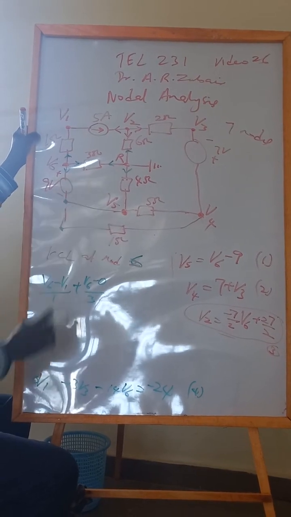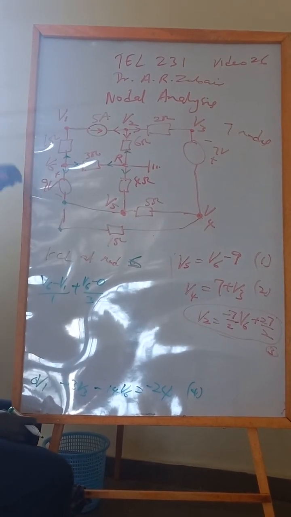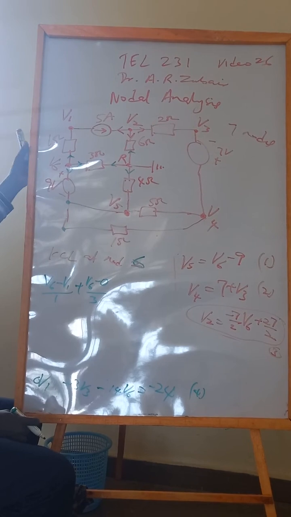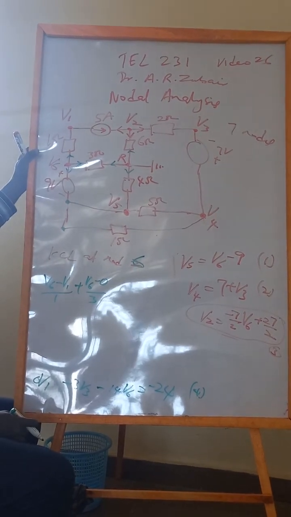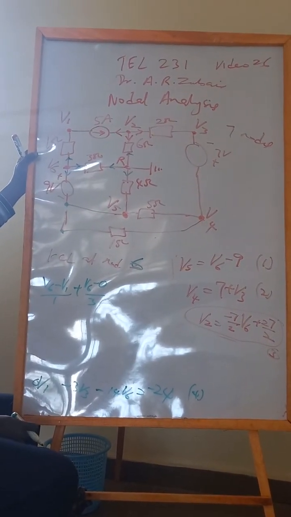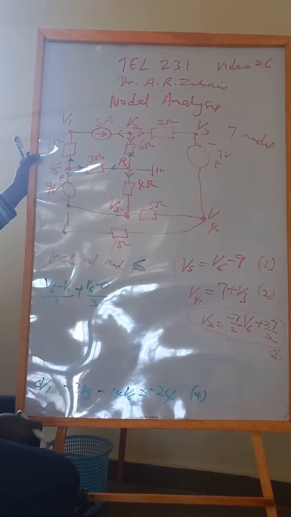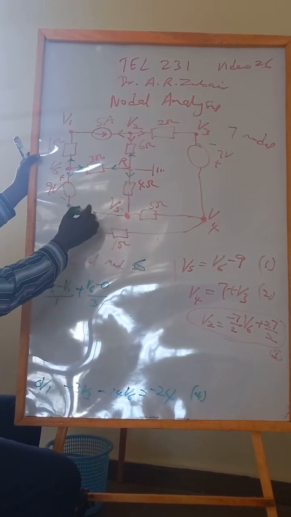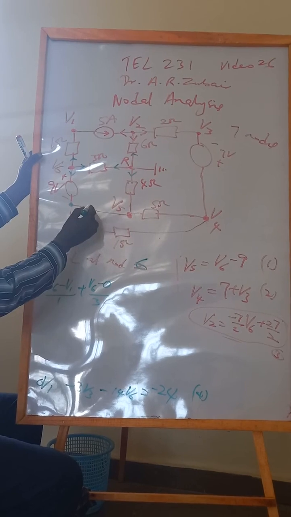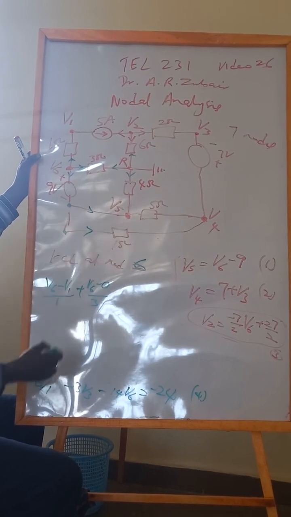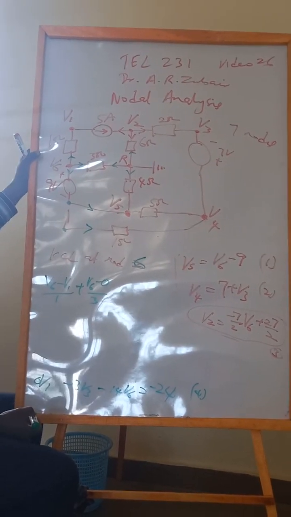But for this one, there's a problem. There is no formula to find the current through a voltage source. So what I can do is that I know this same current is going to be this plus this, according to Kirchhoff's current law.